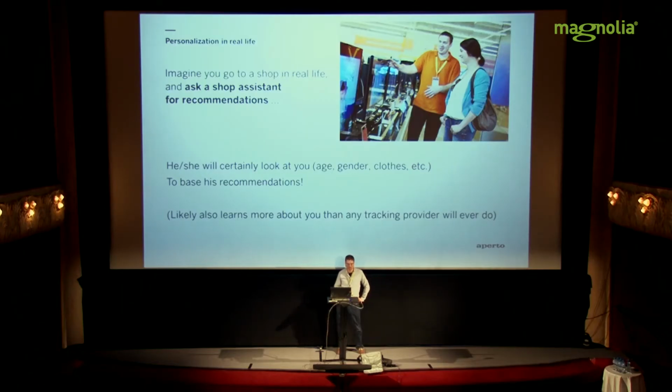And guess what? Of course, he will look at you and he will try to make guesses what could be the right product for you, telling from your age, your gender, your class, etc. And very likely a shop assistant will in the end know more about you than any predictive behavioral targeting provider will ever do.